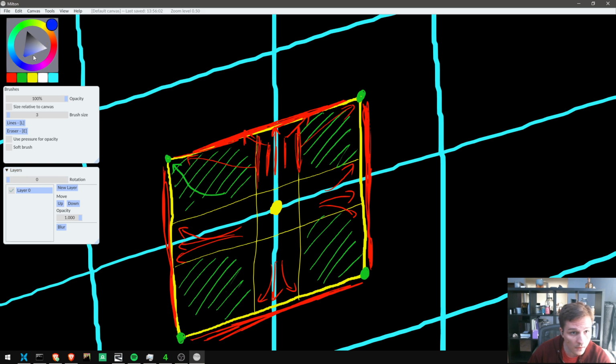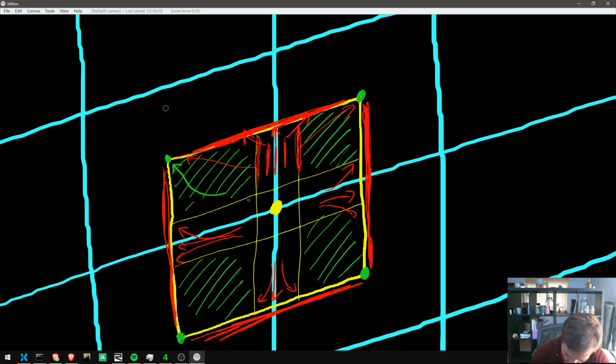And then this box here stretches out and spans the whole thing. So points here go here, points here go here, points here go here.